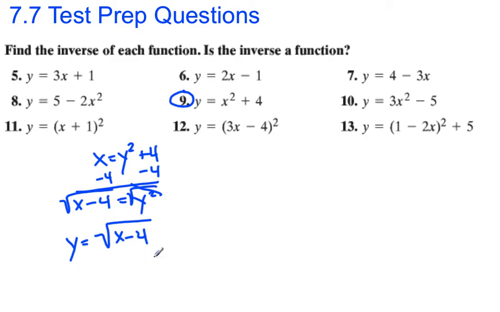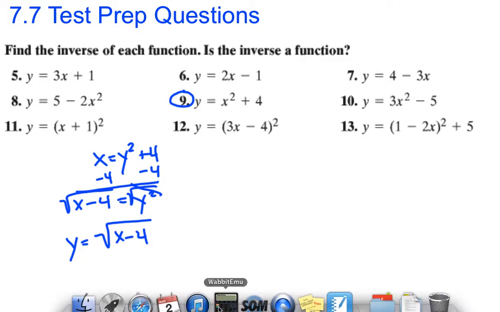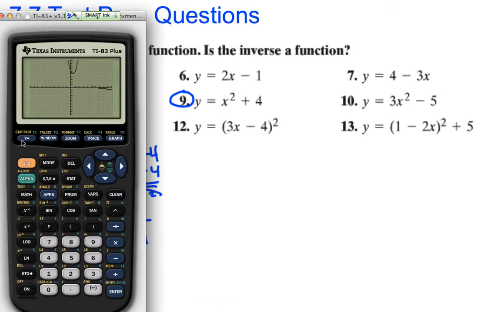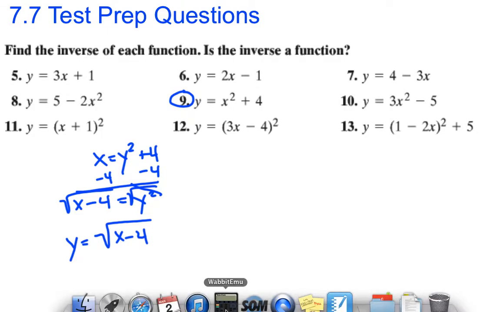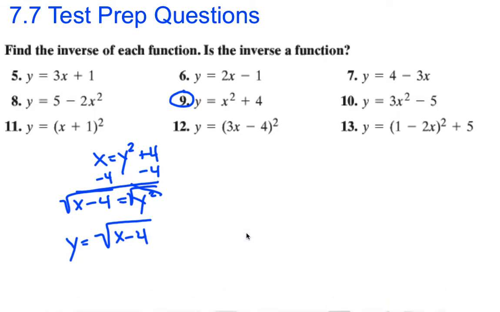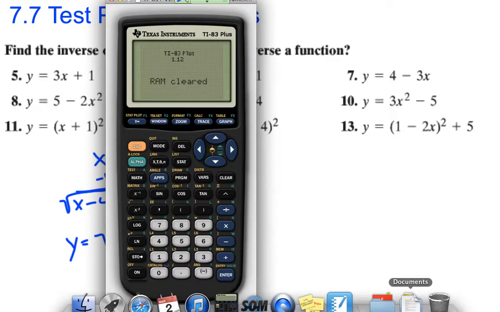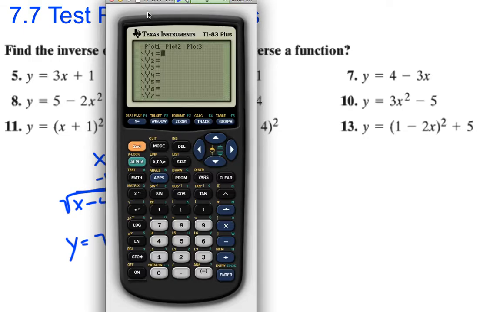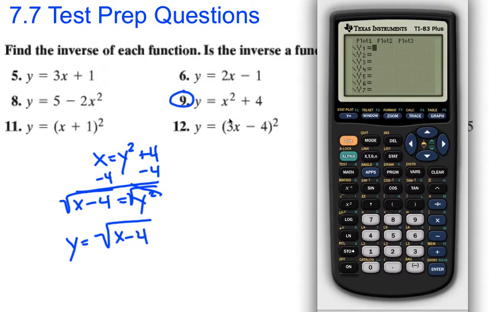Now, is this inverse a function? Well, we need to check our graphing calculator, right? Whoops. So let's go ahead and pull that guy back up. All right, we're going to go to y equals, and the original equation, x squared plus 4, hit enter, and then square root of x minus 4.